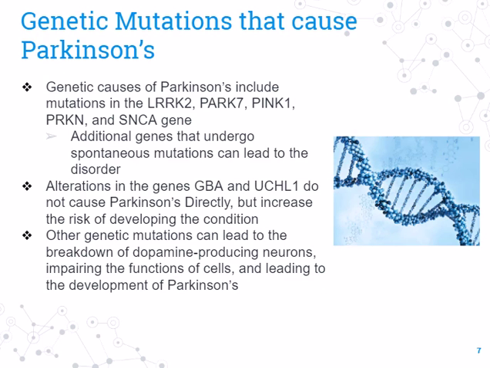And then there are also alterations in the genes GBA and UCHL1 that may not cause Parkinson's directly, but increase the risk of developing the condition in an individual. In addition to that, other genetic mutations that relate to the breakdown of dopamine-producing neurons or an impairment of functioning cells can also lead to the development of Parkinson's.